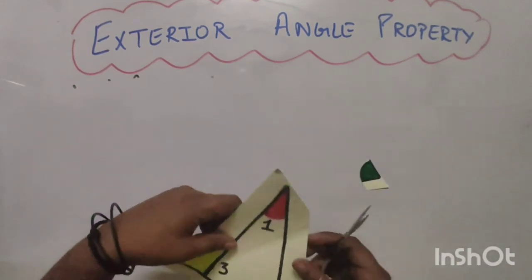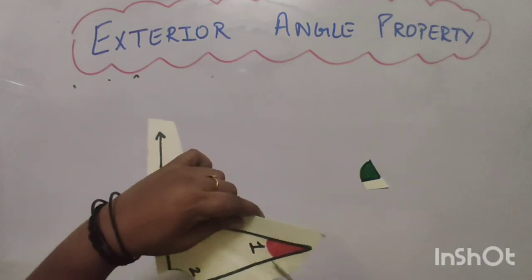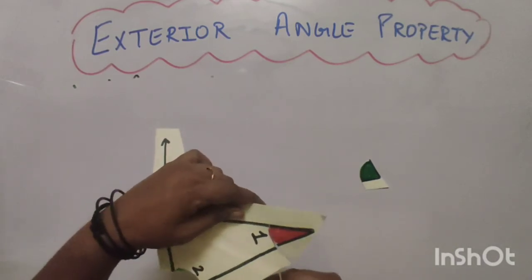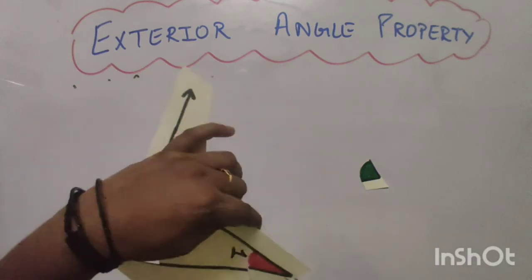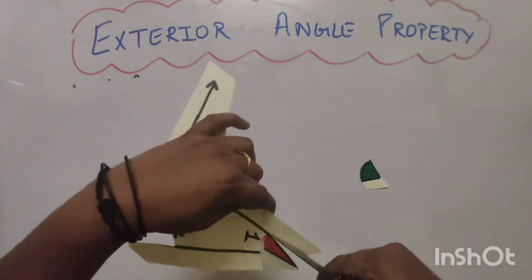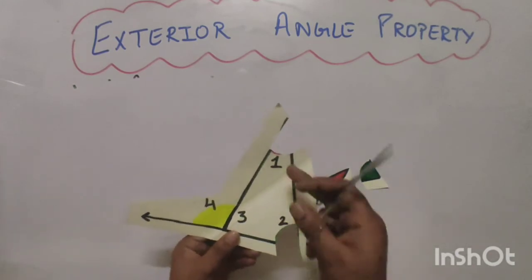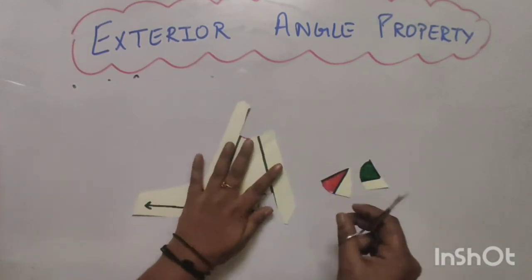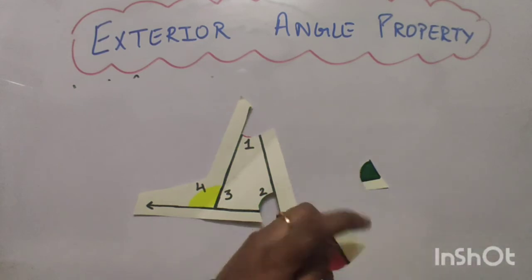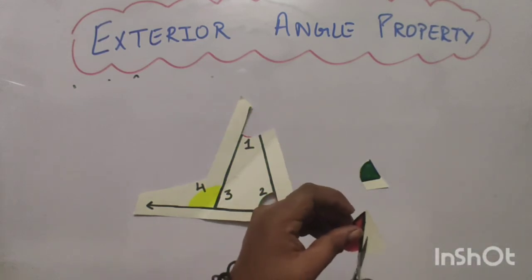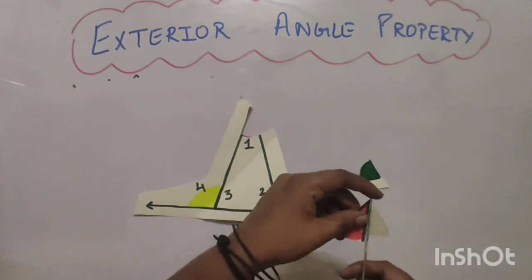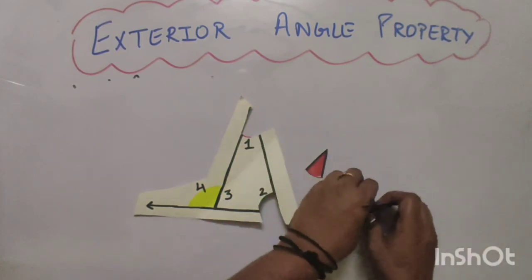Let me first cut angle number 2. Now I am going to cut my angle number 1, right? The two angles I require, I am going to place here only. Let me clear it a little more. The extra portion I am going to remove, right?